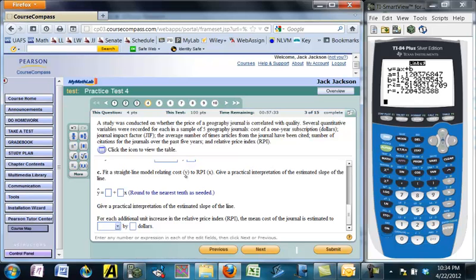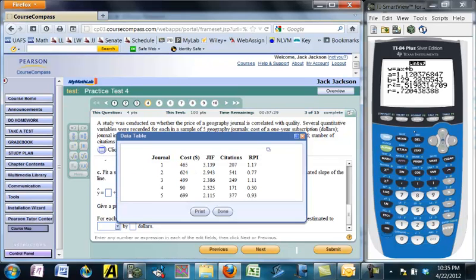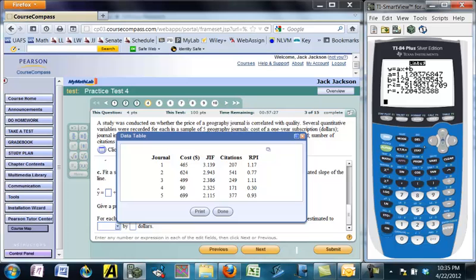Okay, do the same thing for cost and RPI. So redo our data, edit. Cost is still Y, so I don't have to change that column. Clear out list 1 and do RPI. 1.17, 0.77, 1.11, 0.3, 0.93.